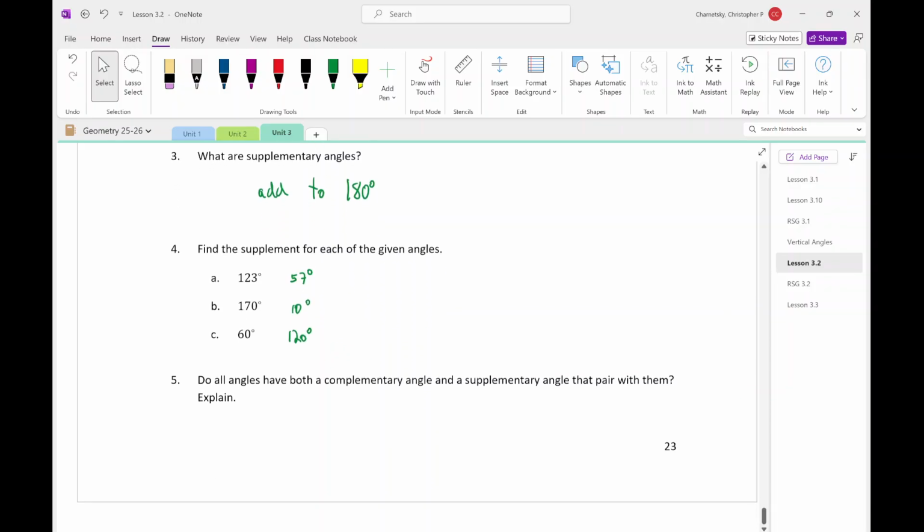Do all angles have both a complementary angle and a supplementary angle to pair them with? Well, if the angle is more than 90 degrees, it does not have a complement.